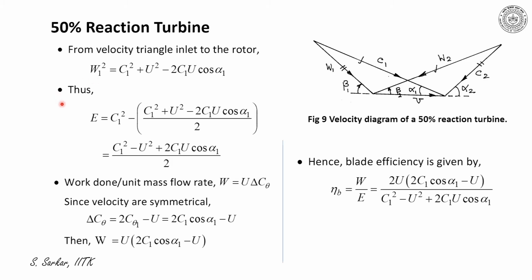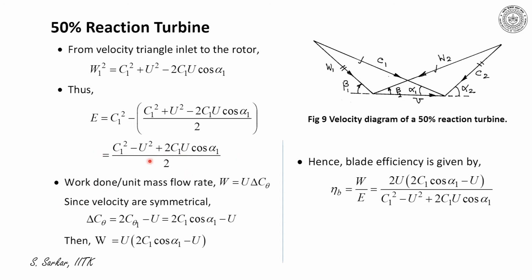Thus, putting the value of W1 square in the earlier equation, I can write E is equal to C1 square minus C1 square plus U square minus twice C1 into U into cos alpha 1 divided by 2, which becomes C1 square minus U square plus twice C1 U cos alpha 1 divided by 2.